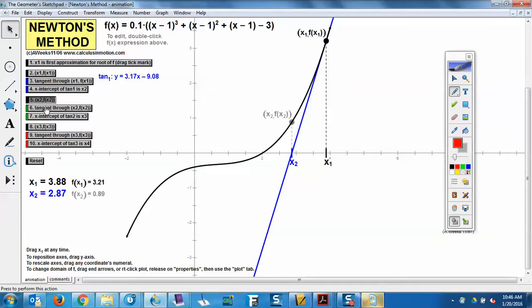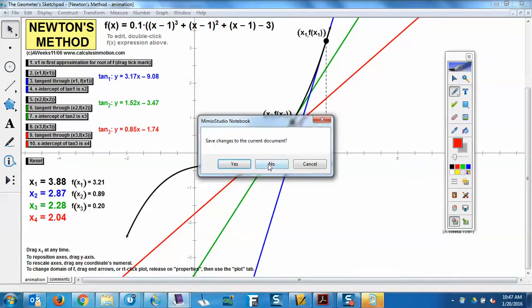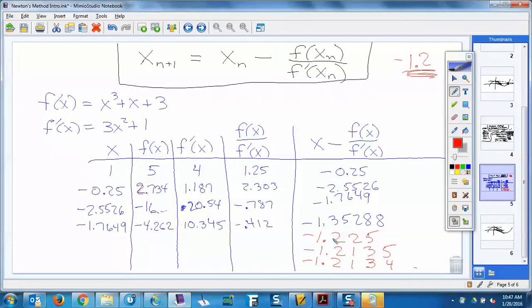And if we keep riding that tangent line, and that's where the formula came from, we took the line equation and set it equal to 0. If we keep doing that, eventually the place where it's crossing the x-axis starts getting to be the same number over and over again, because we're getting really, really close to that point. So what's happening here with these numbers is we're getting closer and closer to where this curve is actually crossing the x-axis. So we're finding the root of this particular function. And to 3 decimal places, it would be negative 1.213.